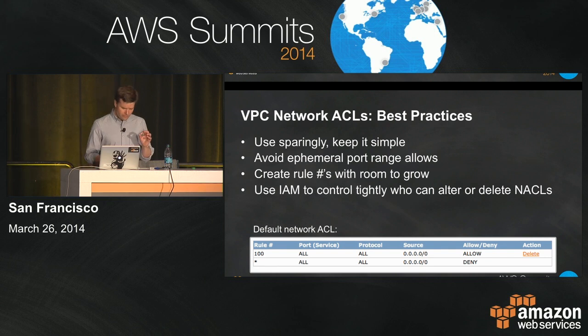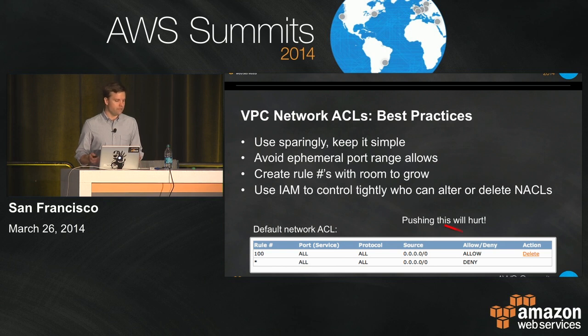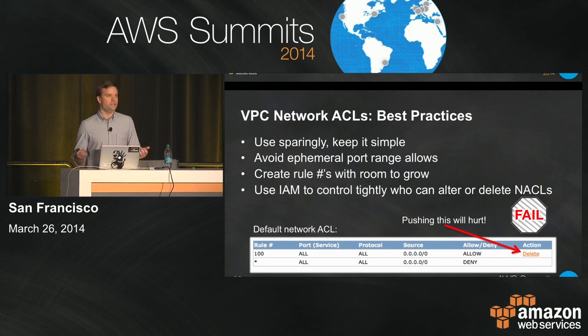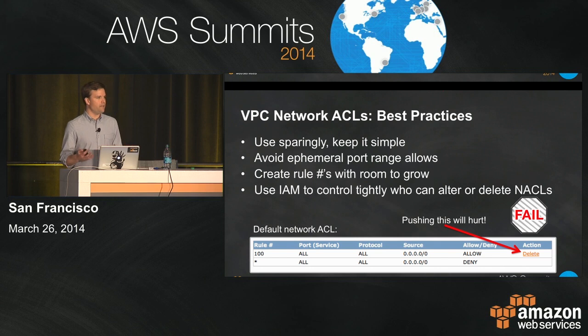And this is even more important if you don't use network ACLs, if you just go with the default network ACL that is applied to every subnet that you create, whether you know it or not, because it's listed there. It has an allow all rule, both in and out. And if someone goes in there and fat fingers that button, you've shut down your VPC completely. So it's something that exists in the background, and you have to make sure that these controls are in place.